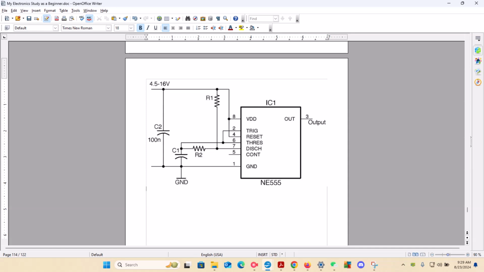Keep in mind that for the output function, it needs pins to connect so that current and voltage go through these pins: VDD, TRIG, reset, thresh, dish, continuity, and then ground, which will go directly from that pin to ground where the other two are going.